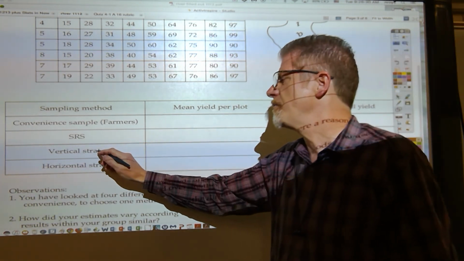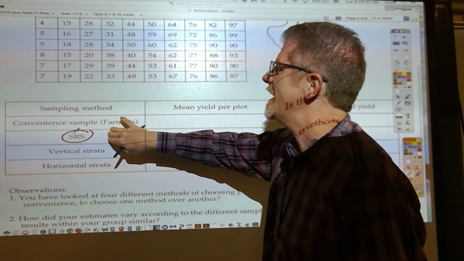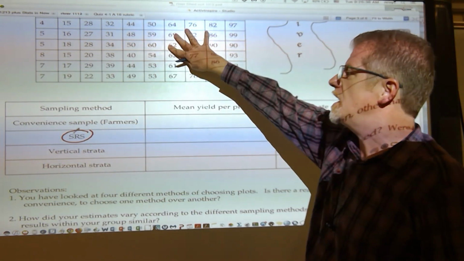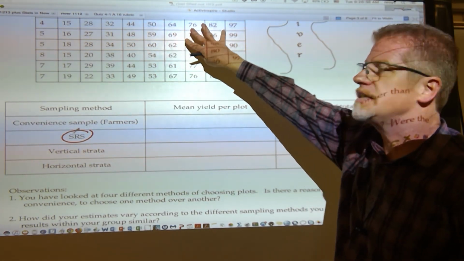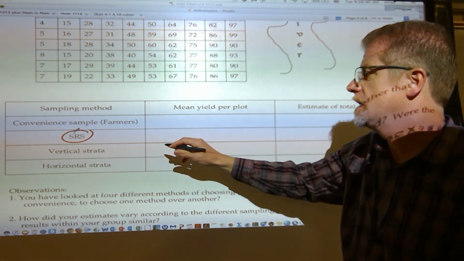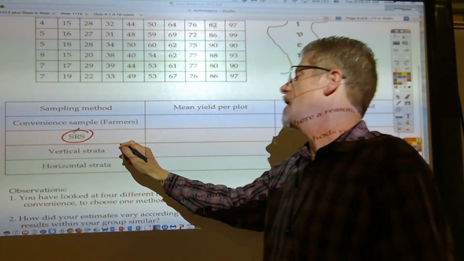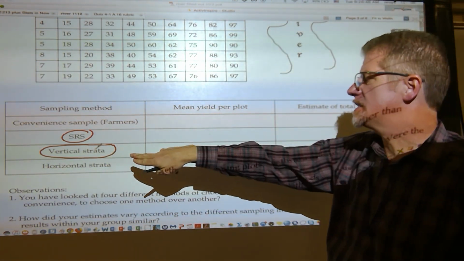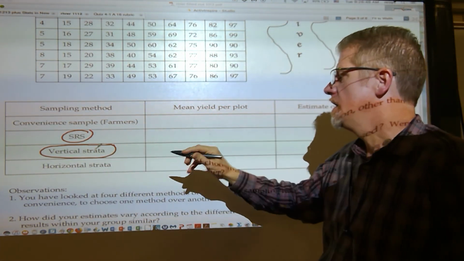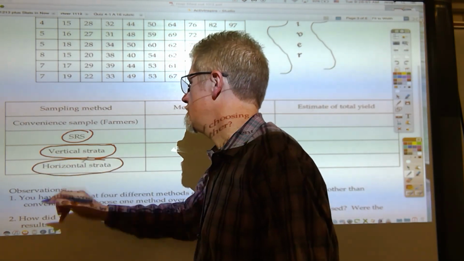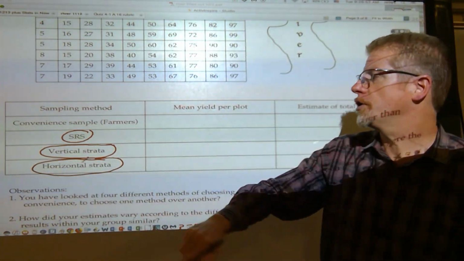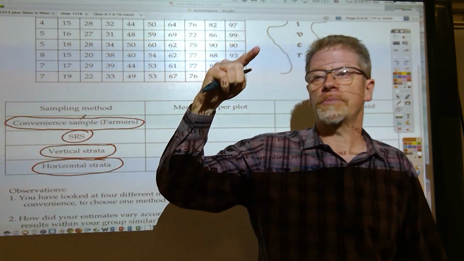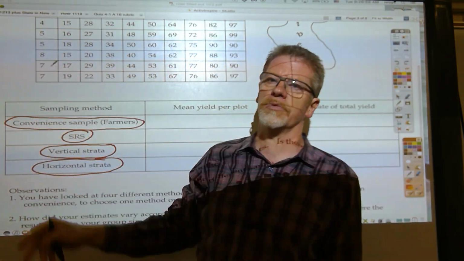So if you're in a group of 3, one person take the X's from your simple random sample and actually add up the 10 numbers that correspond to those 10 X's. And then in your group of 3, another person is going to add up the 10 numbers in the vertical strata, and then the third person the horizontal strata. If you're in the group of 4, then your 4th person is going to add up the numbers from the convenience sample, which is these right here.